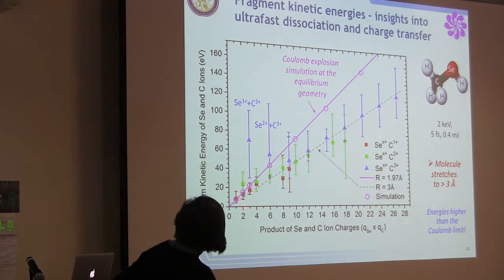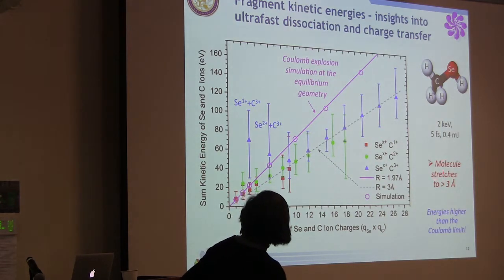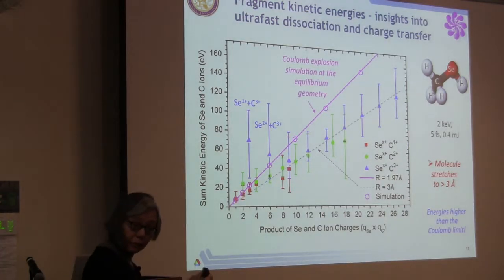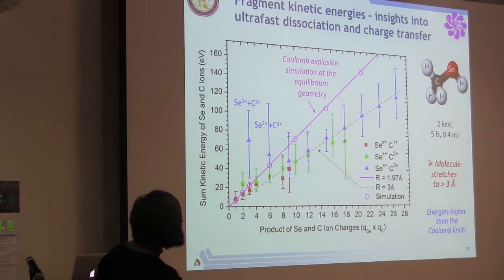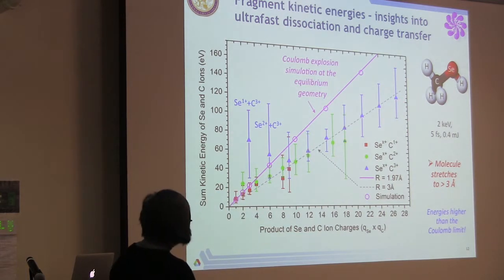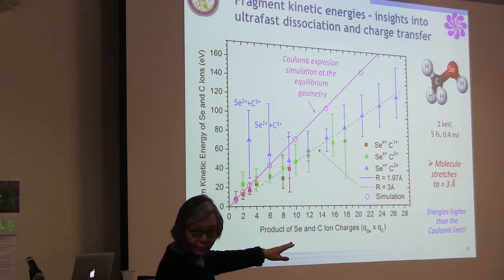What's shown here is, let's say you assume that the molecule is stretched out to 3 angstroms instead of being at 2 angstroms initially. Then you see this dashed line here, which more or less mimics most of the data that has been seen.